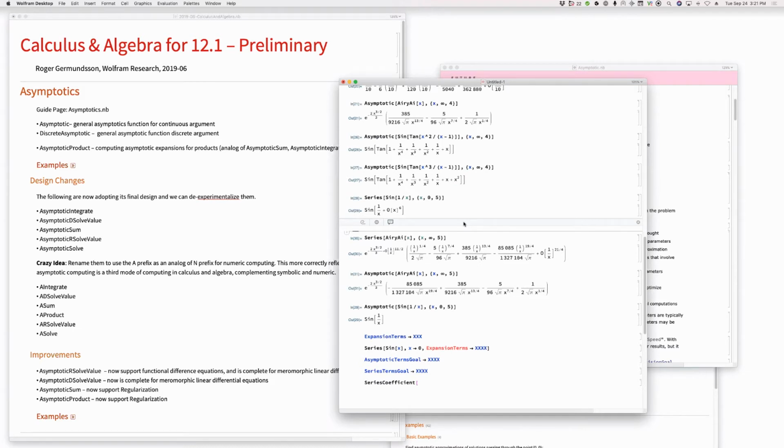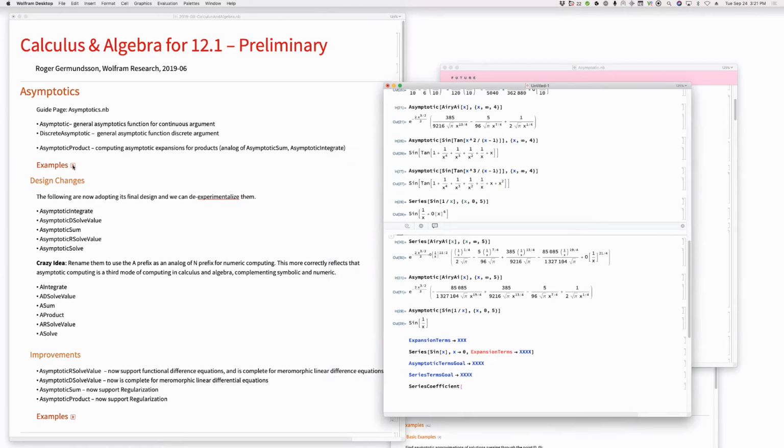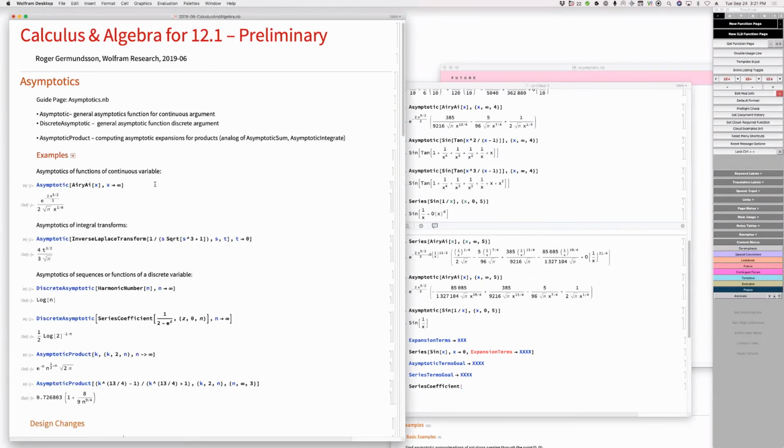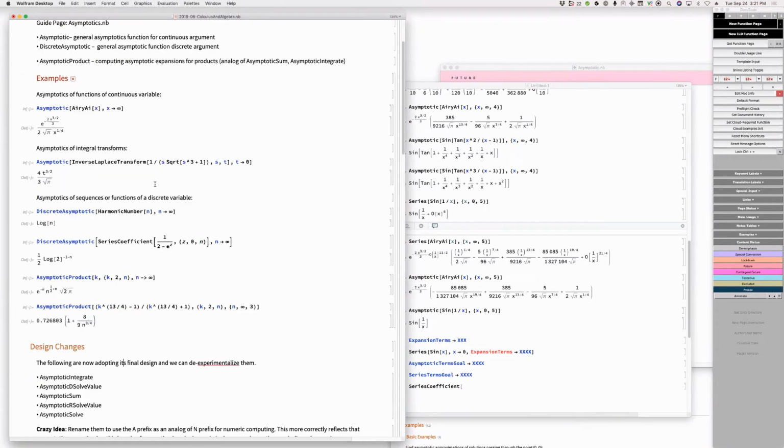When you analyze algorithms, for instance, you often get a generating function, and you want the asymptotic series coefficient, because that tells you the asymptotic complexity of the algorithm. That was an important case to get. So yes, you can use discrete asymptotic of a series coefficient of something that doesn't evaluate, or you have it inactive, and it will compute it using asymptotic methods.